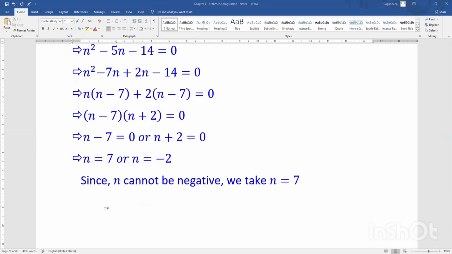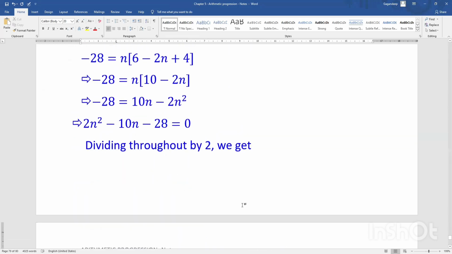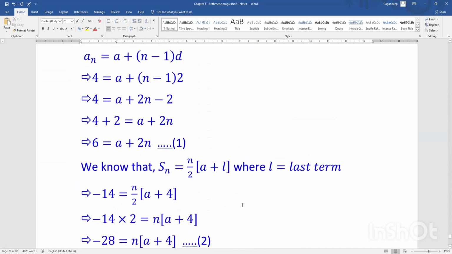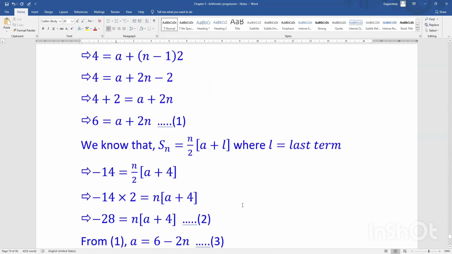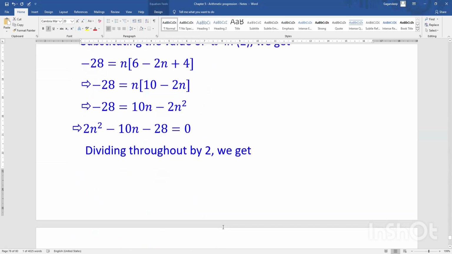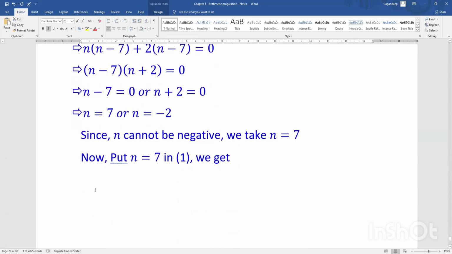So now put n equals 7 in 1. So where is equation 1? Let us take that equation 1 here. Now n I'm going to replace with 7.